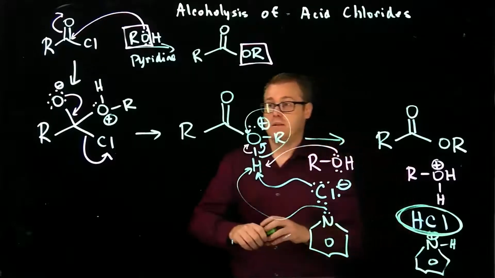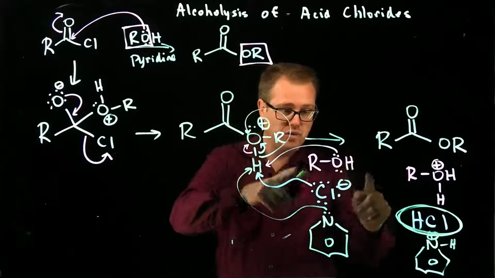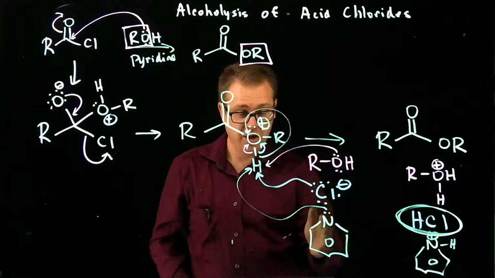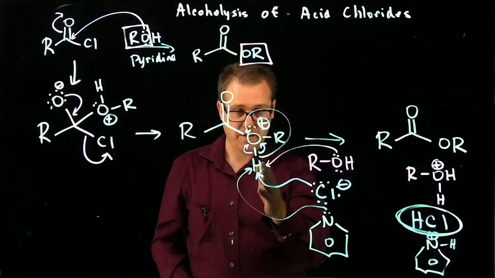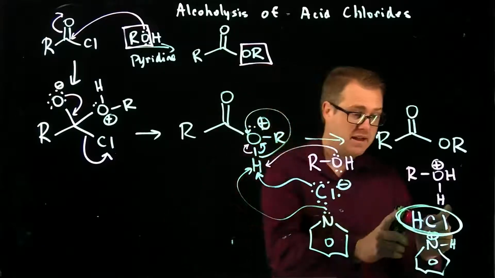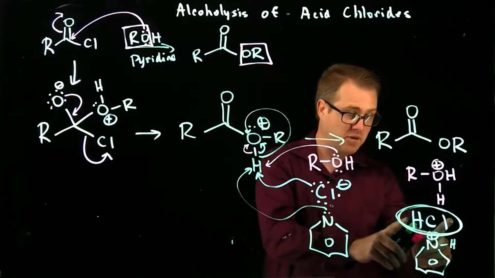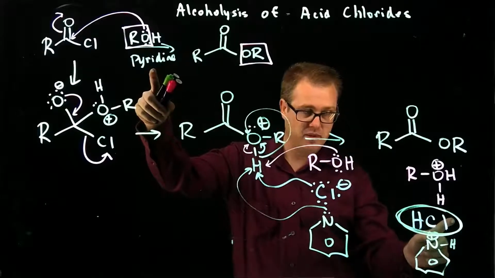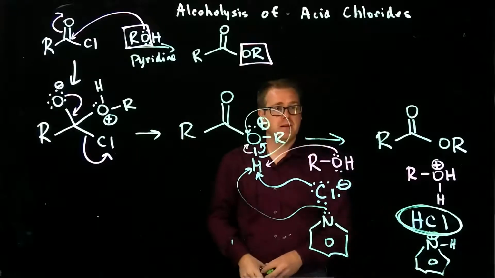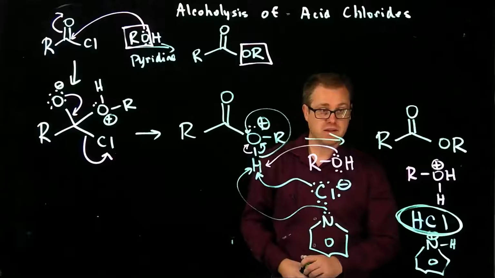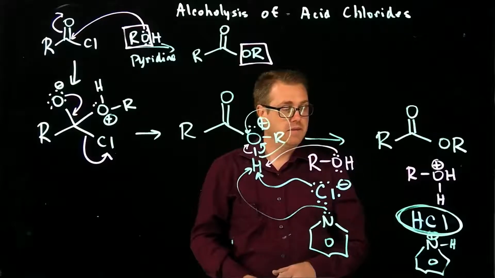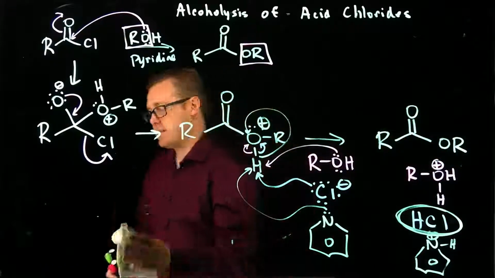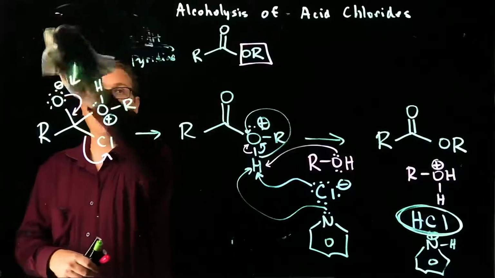So when you do the mechanism, you can choose whatever base that you want here to do this proton transfer step. Do note that our textbook suggests that this is what's formed after that proton transfer step, and that's why you need to add the pyridine, is to neutralize this. Okay? But that is the mechanism of alcoholysis of acid chlorides. Now let's do an example or look at some of the issues with that.